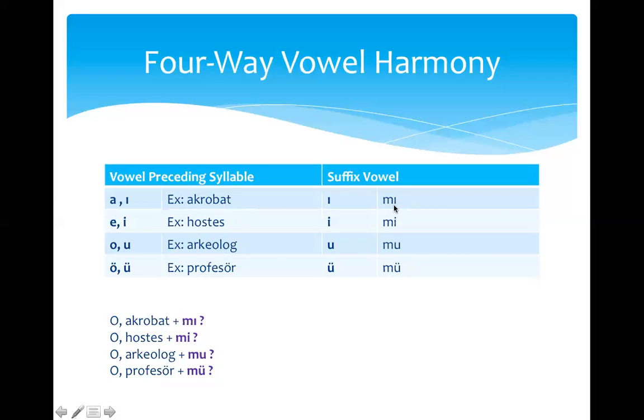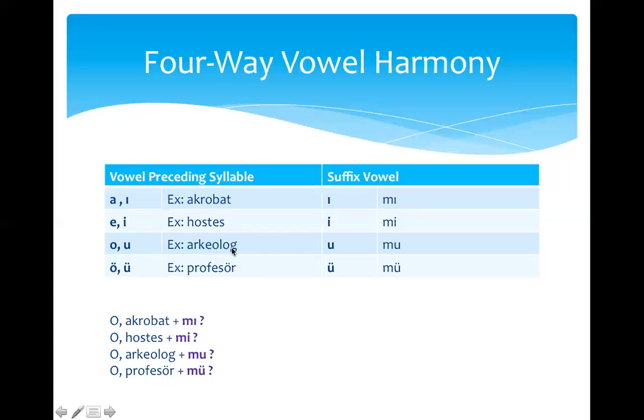So the m, because of the vowel rule, is going to be mı. Here, hostess, the last vowel is an e. So the question participle has to have an i, so it would be mi.